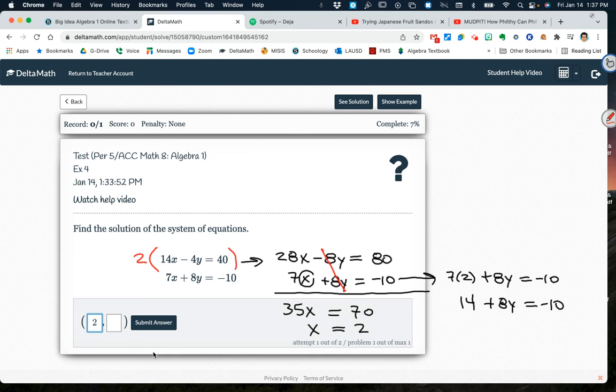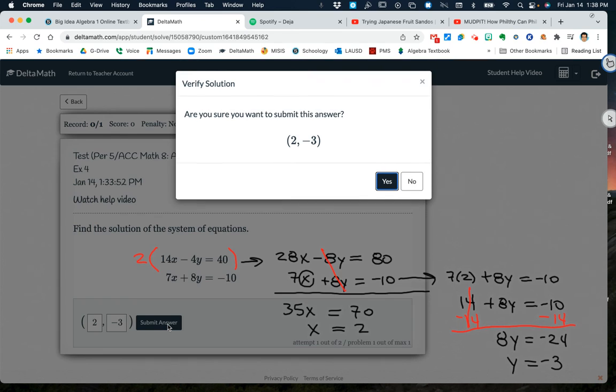Okay, get rid of this 14. So 8y is negative 24, which means y is negative 3. So let's do a negative 3 here. So 2 comma negative 3 is the answer we'll go with there.